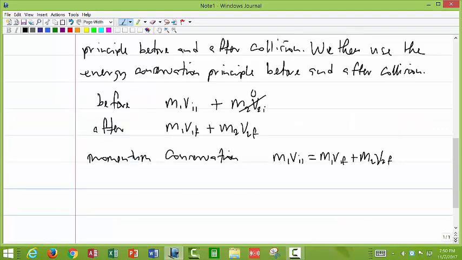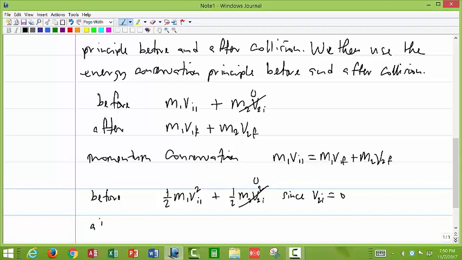And then before the interaction, we have half M1 V1 initial squared, and then half M2 V2 initial squared, which is 0, since V2 initial is equal to 0. And then after the collision, we have half M1 V1 final squared plus half M2 V2 final squared.